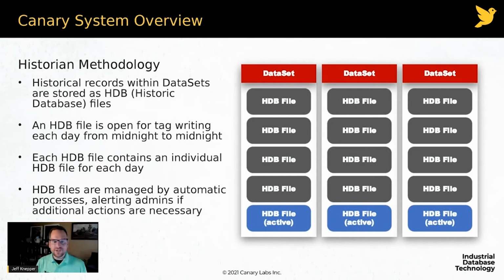Only one of those files is actively being written to, or currently open. We run a new HDB file for each day that you are logging data. So at midnight, today's current active and open HDB file will be closed. That means that if I've been writing data for 30 days to my data set, I will have 30 HDB files.